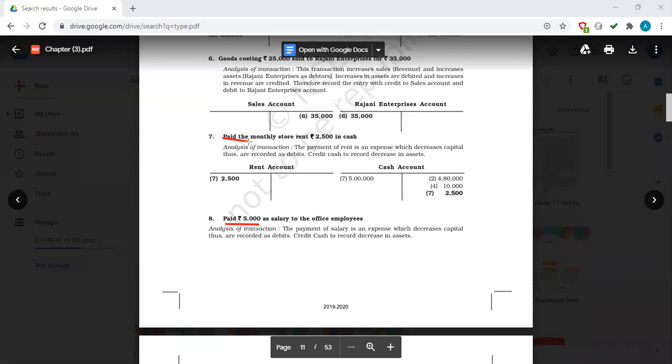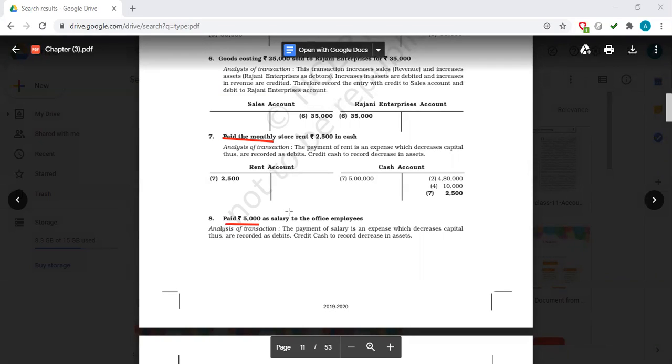So paid 5,000 as salary to an office employee. It means cash decreases. Salary is an expense which decreases the capital, thus recorded as debit. Credit cash to record decrease in asset.